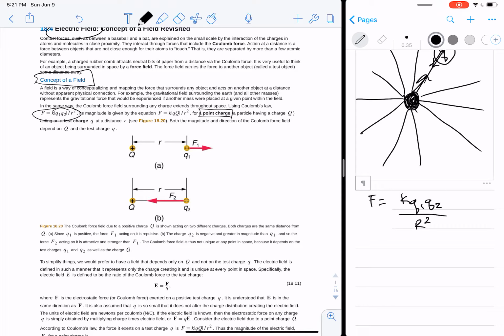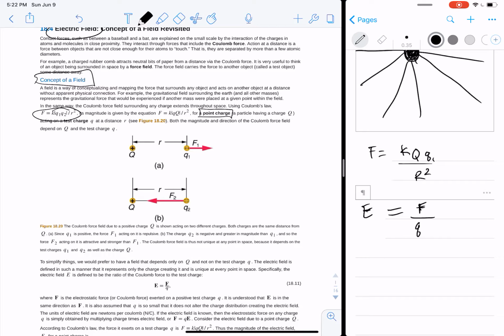So we can define the electric field generated by the charge, which I'll rewrite as capital Q, and little q here. So Q1 is our test charge. And what this says is that the electric field generated by the charge Q, we can think of it in terms of the force between it and some test charge, divided by the test charge.